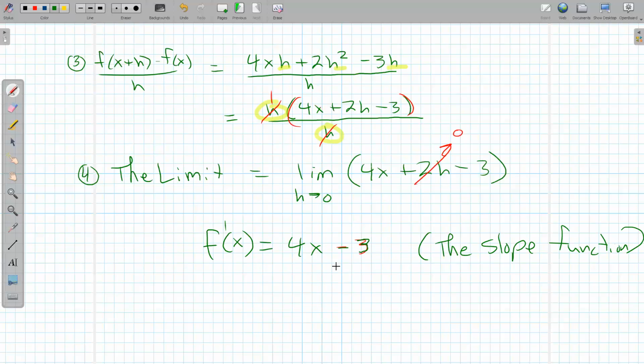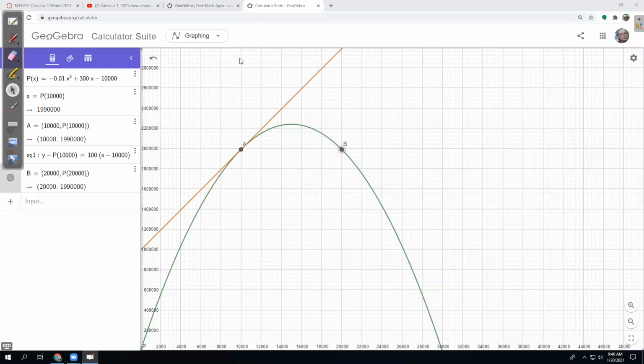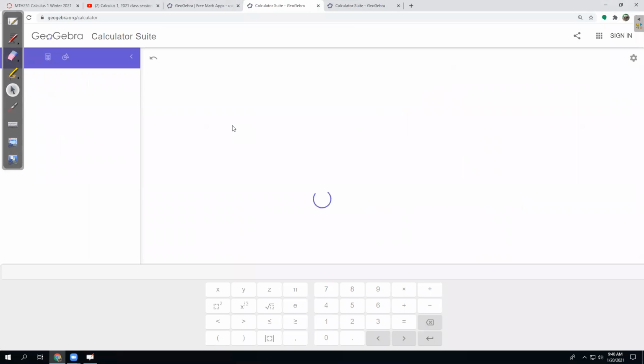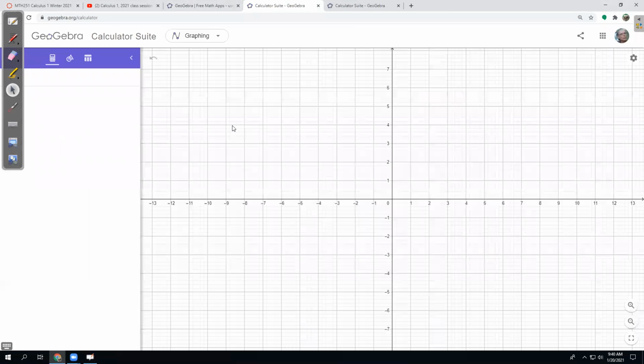So let's check this graphically to make sure that it works. And I think I need a new graph. Just start a new GeoGebra up. All right, so original function, f of x equals 2x squared minus 3x plus 7.